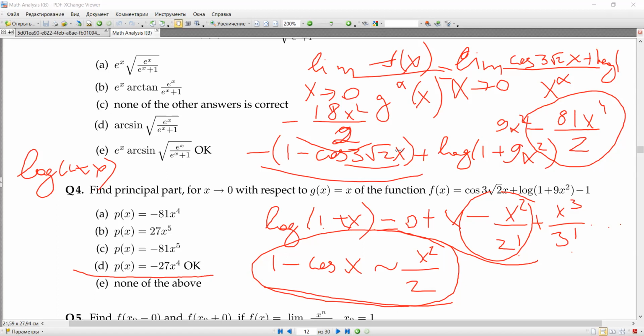We can change also, of course, logarithm 1 plus x. Logarithm 1 plus x, you can change with x also, or with e powers, yes, with e powers also.